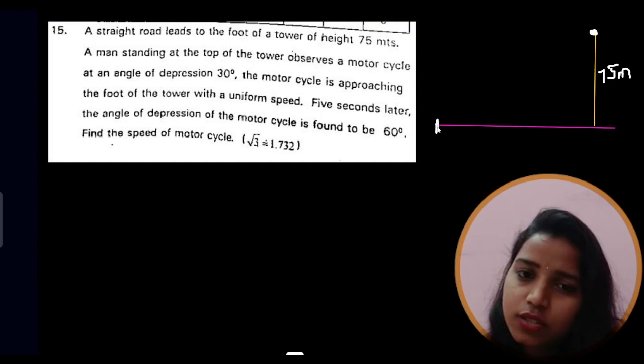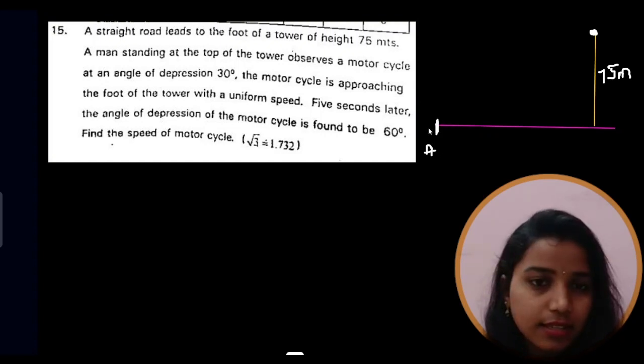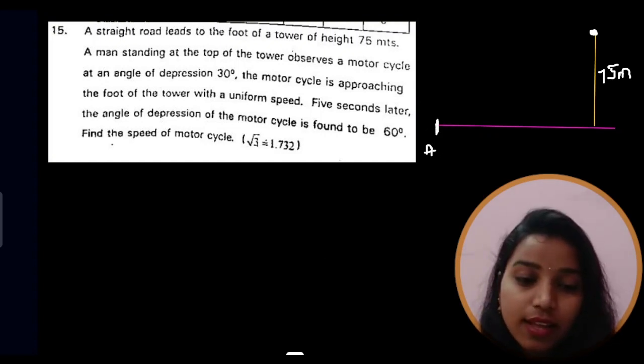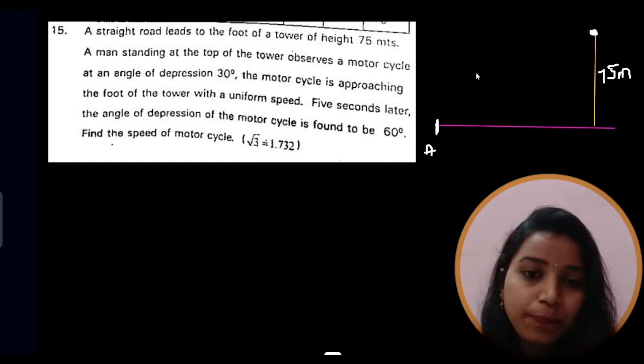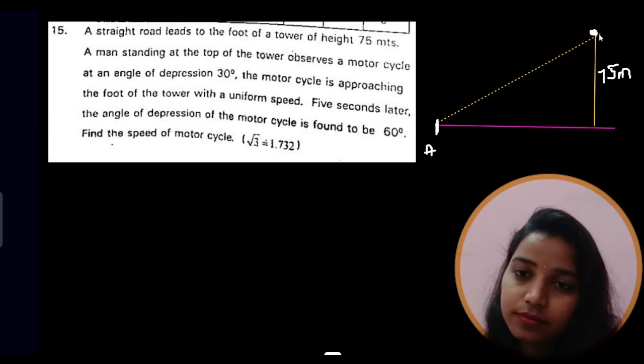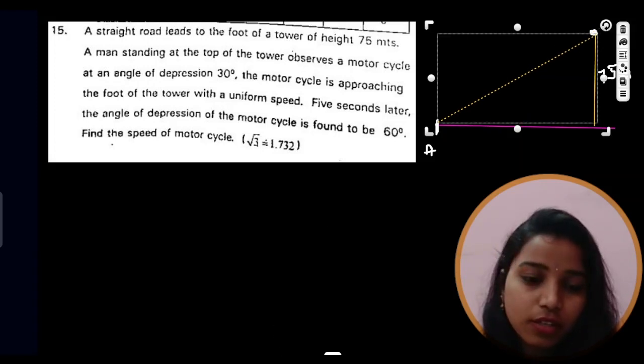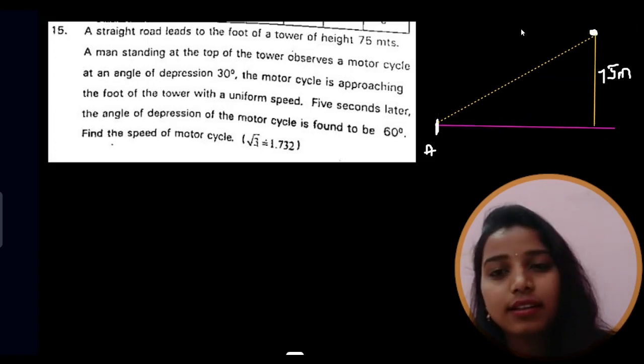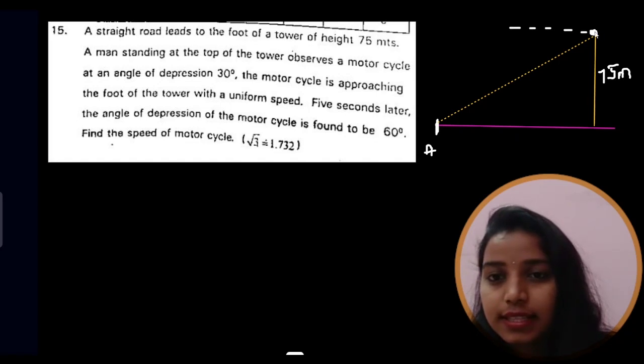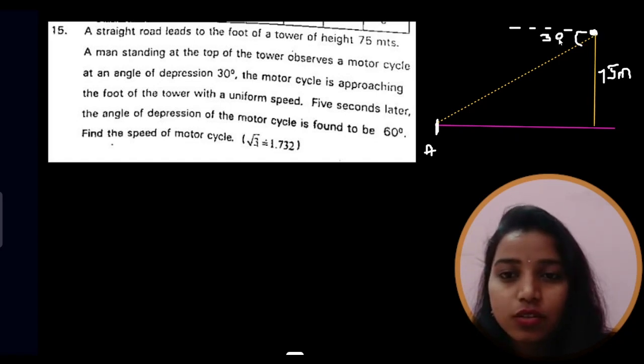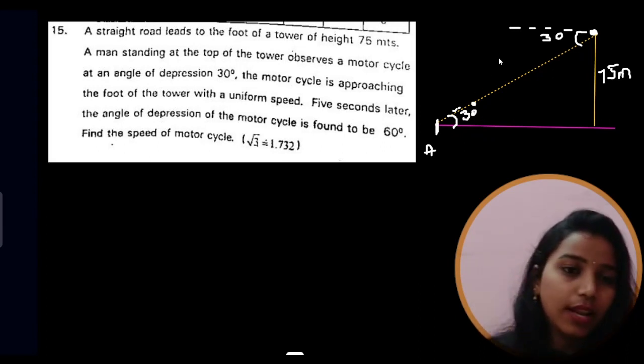So let's say the motorcycle is initially at this distance, and at this point, observe carefully, the angle of depression is 30 degrees, right? So this is the angle of depression. I have mentioned in this video that this is 30 degrees, so this angle will be 30 degrees, an equal angle.